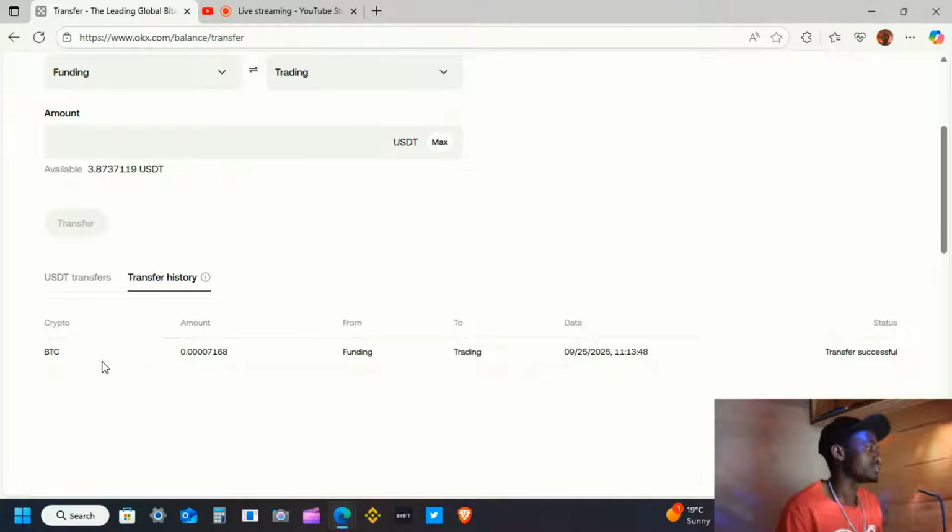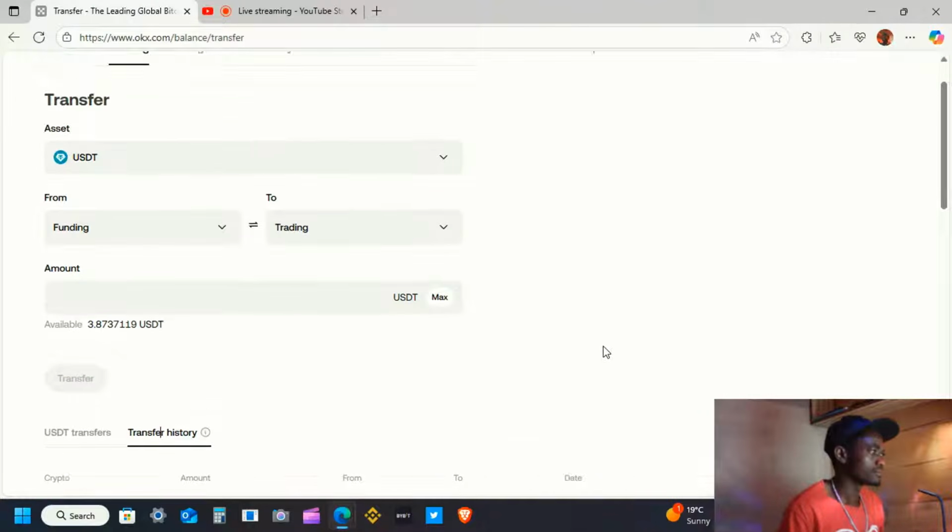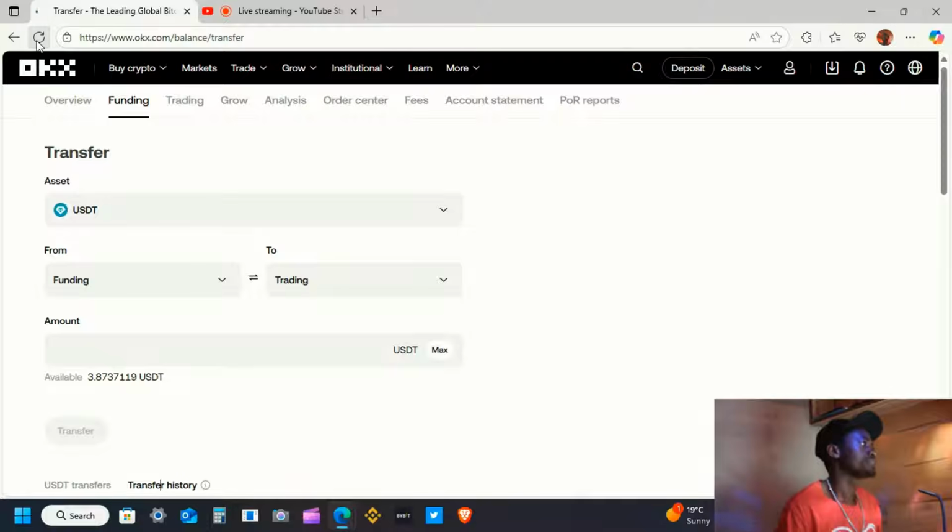Transfer history, legacy funding to trading. From funding to trading, successful, just around 6 minutes ago. Let me reload the chart.